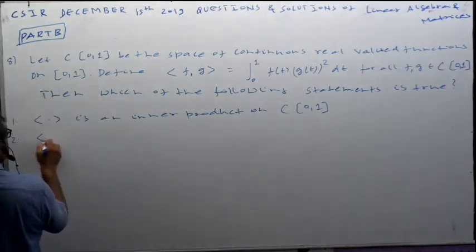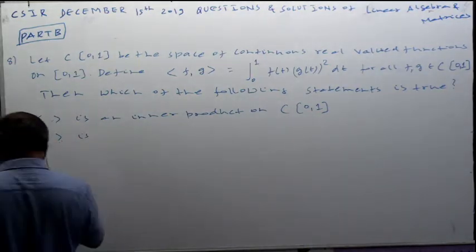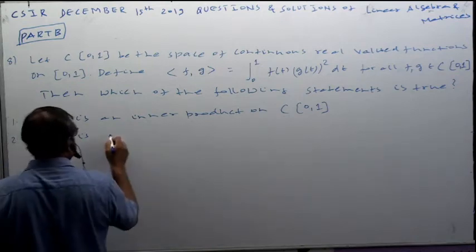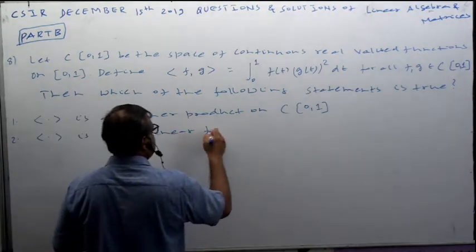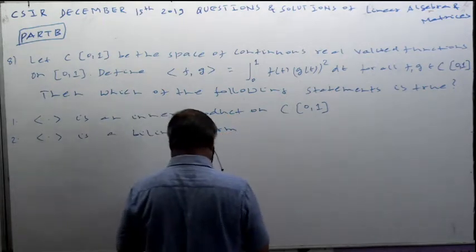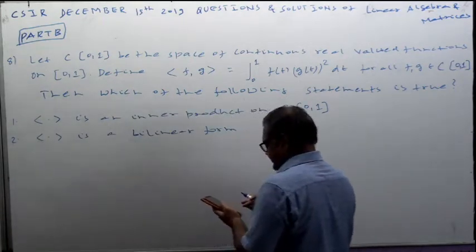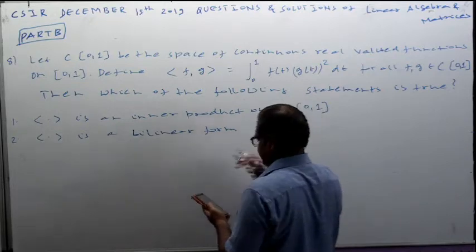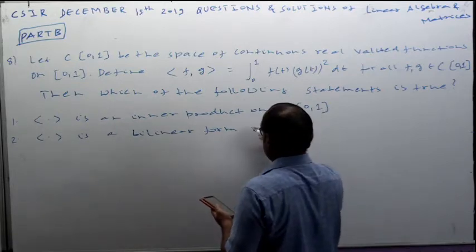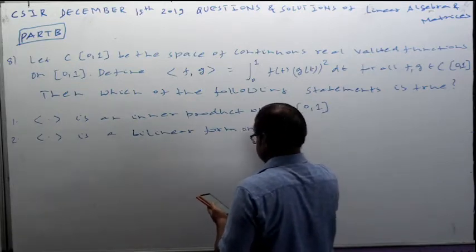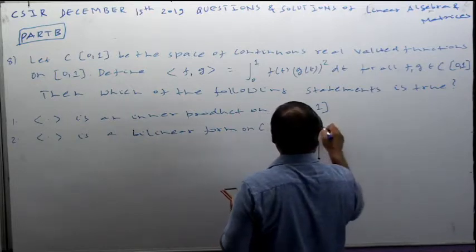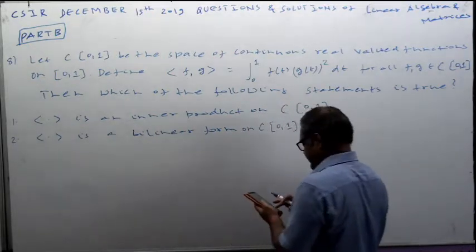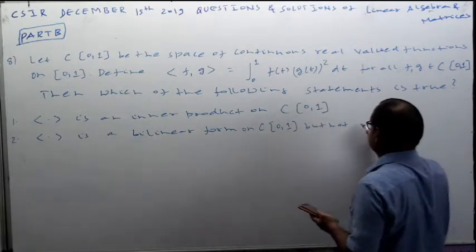Second, this is a bilinear form but is not an inner product on C[0,1].